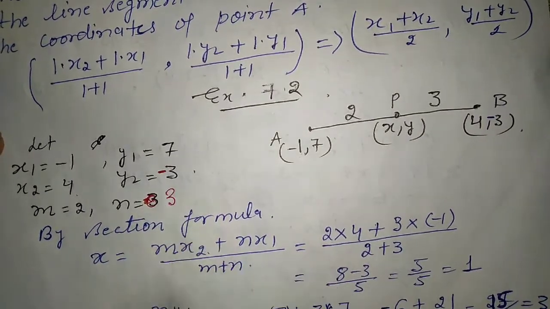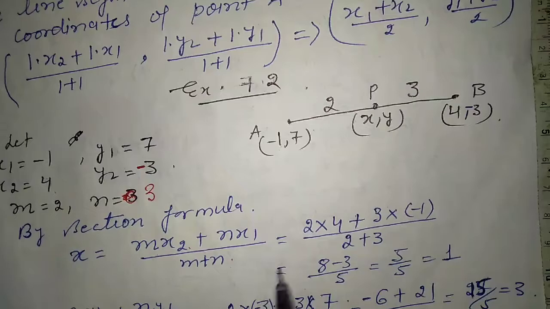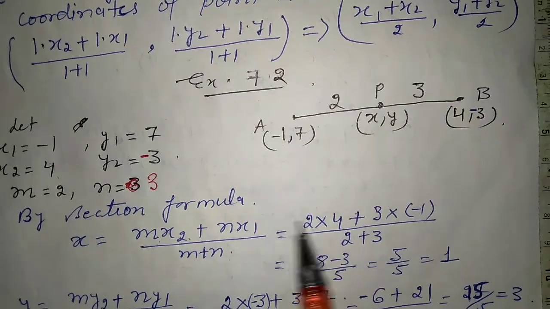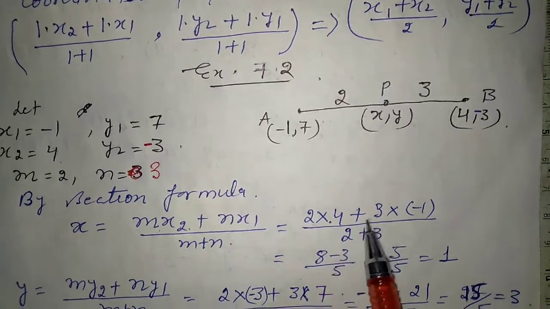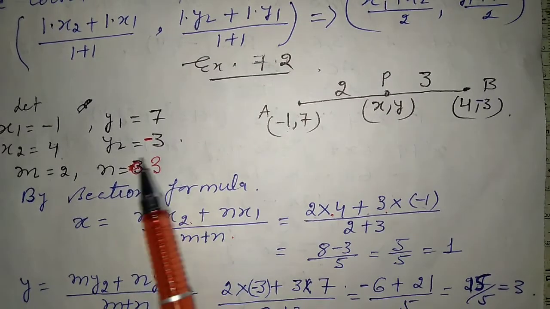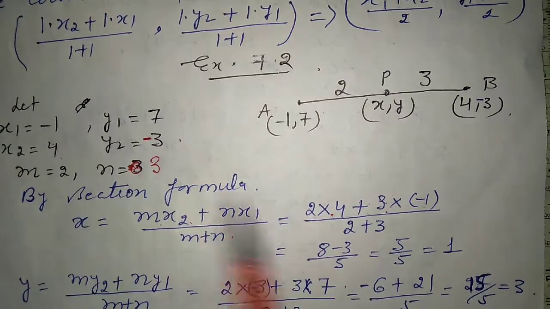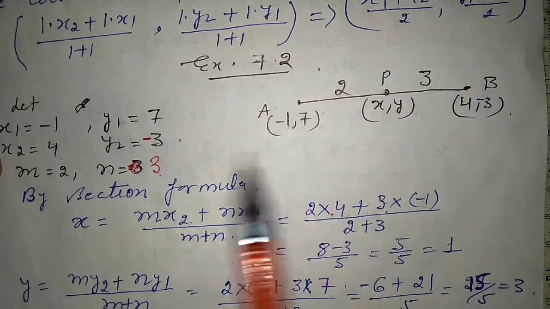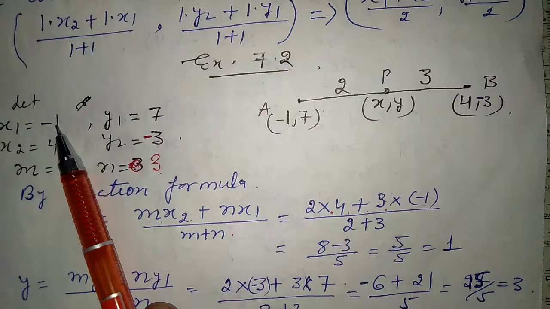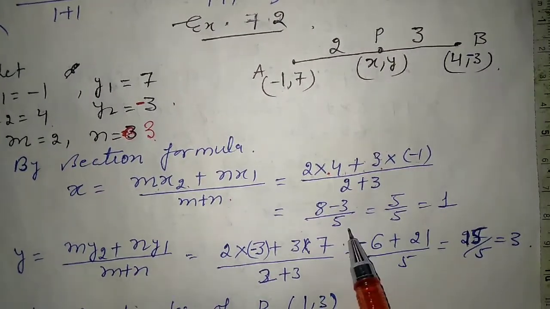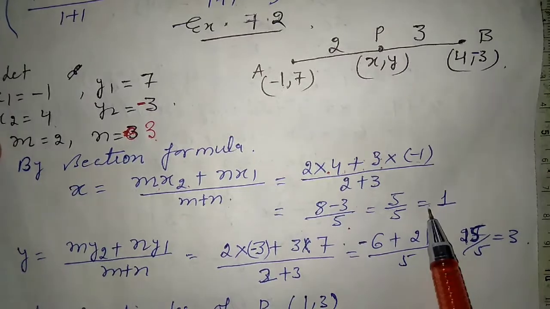By the section formula, x equals (m x2 plus n x1) upon (m plus n). Here m is 2, x2 is 4, so we write 2 into 4, plus 3 into -1, where 3 is n and -1 is x1, upon 2 plus 3. That is 8 minus 3 upon 5, which equals 1.